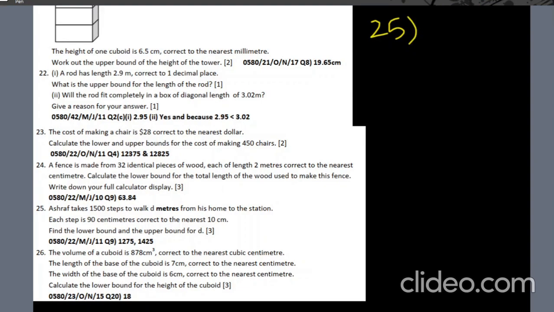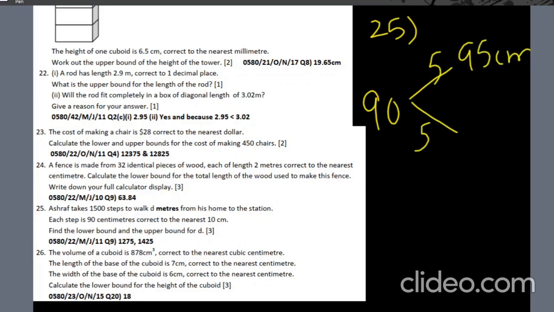Ashraf takes 1500 steps to walk d meters from his home to the station. Each step is 90 centimeters correct to the nearest 10 centimeters. So 90 centimeters correct to the nearest 10 means 10 over 2 is 5. So the upper bound is 95 centimeters. The lower bound is 85 centimeters.